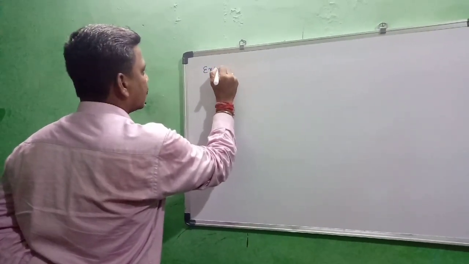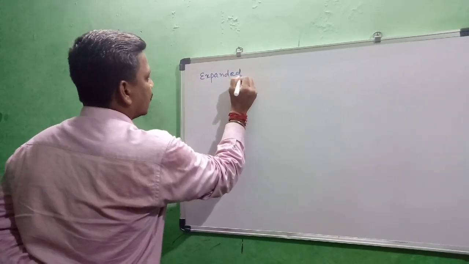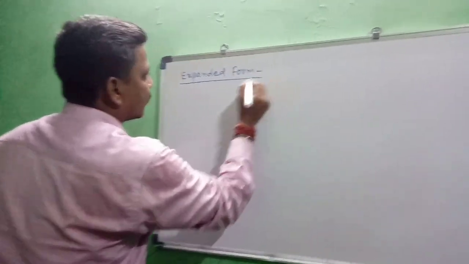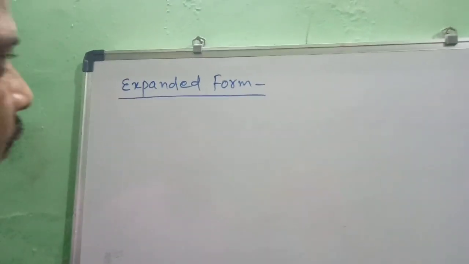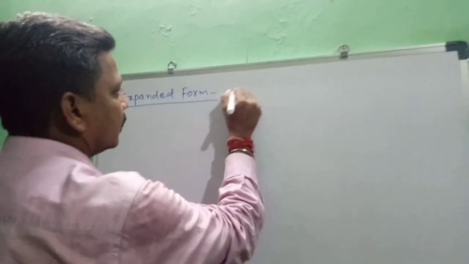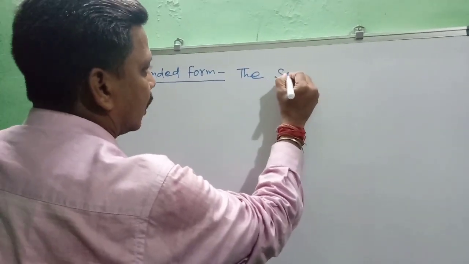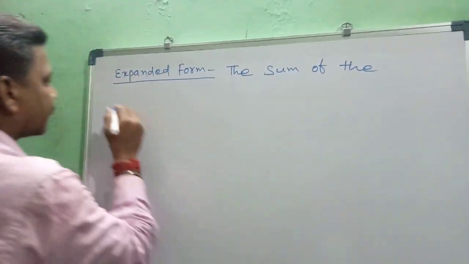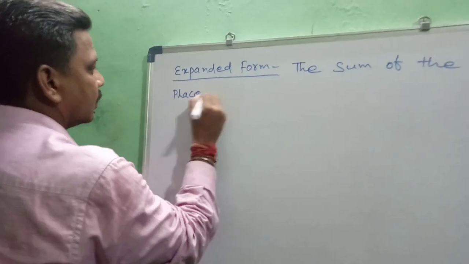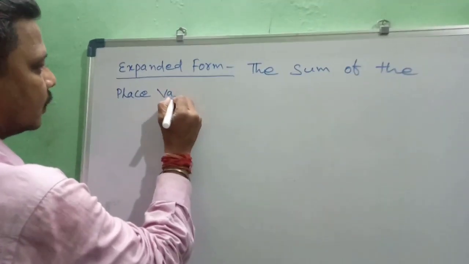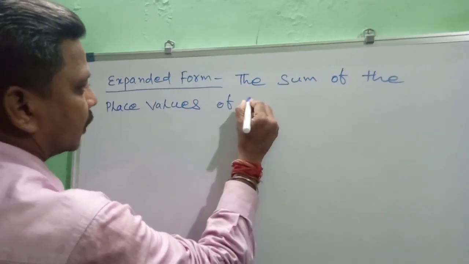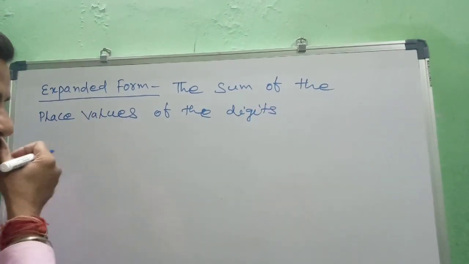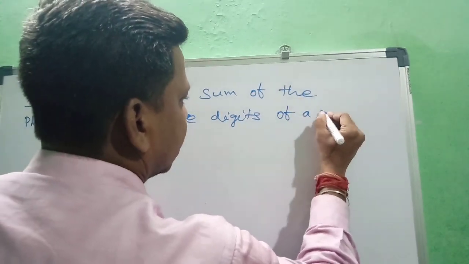Note it down. In expanded form, we have to write the sum of the place value of the digits of a number.